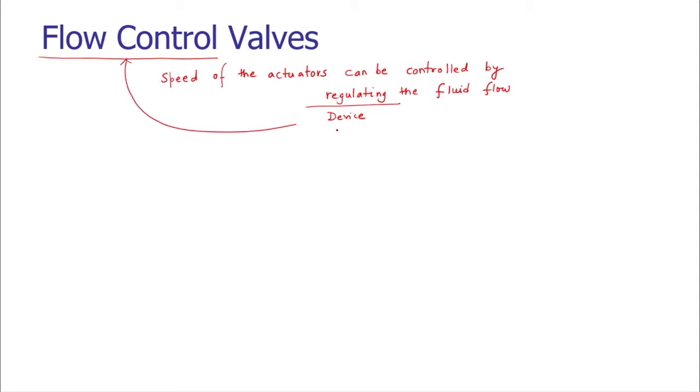So how can we control the fluid flow? We can achieve this by varying the area of the passage. The fluid flow can be controlled by varying the area through which the fluid is passing.